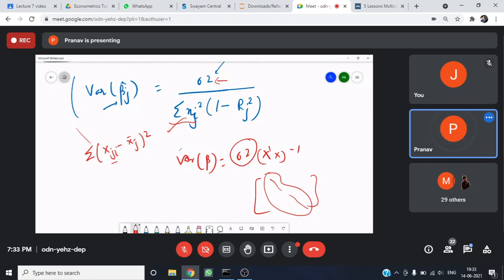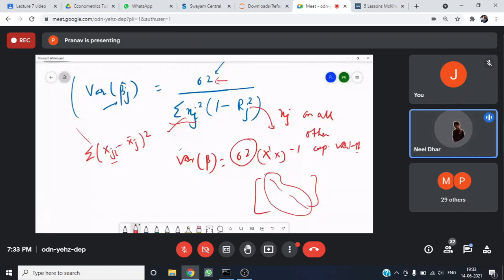And what is this rj square? It is the r square, or coefficient of determination, when you run a regression of xj on all other explanatory variables.